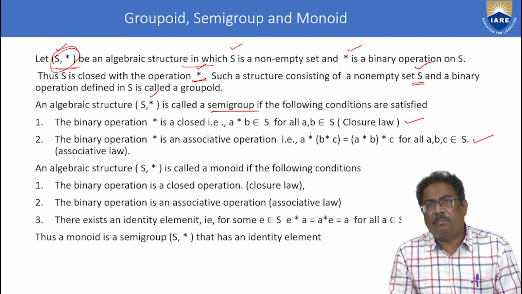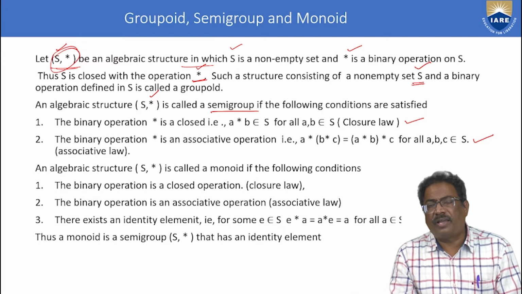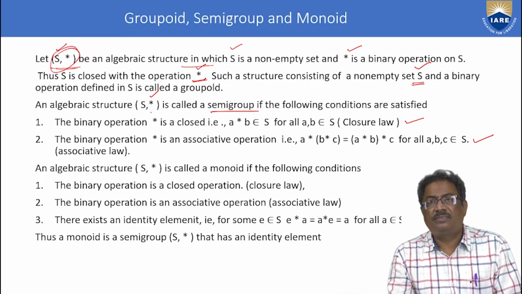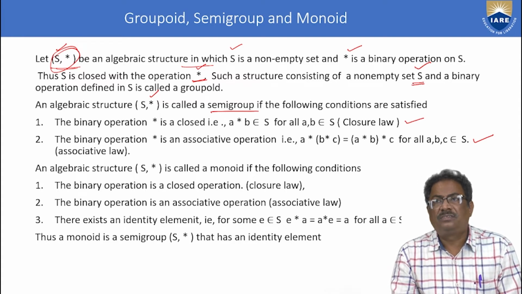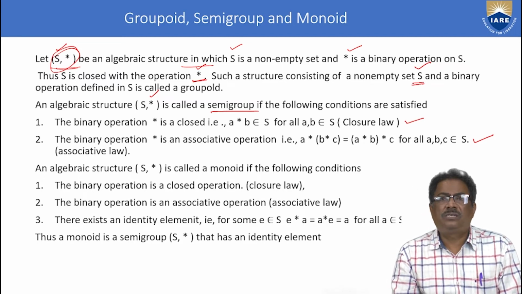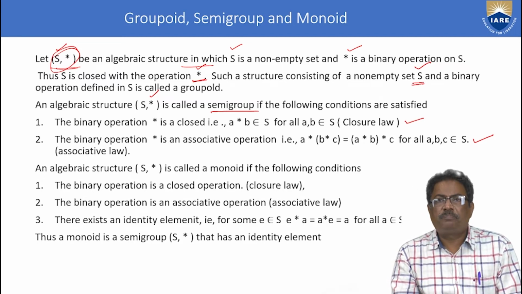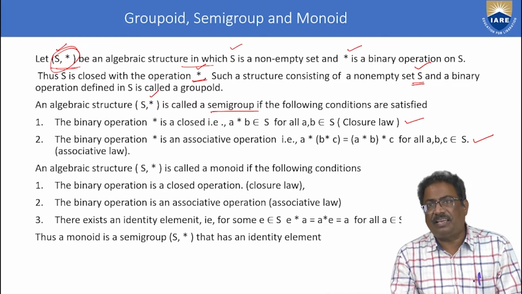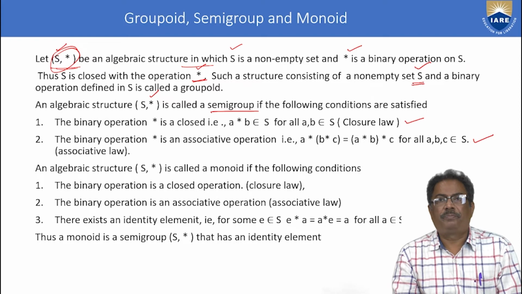Whenever the binary operation * satisfies closure and the associative property, then we can say that the algebraic system S is said to be a semigroup.